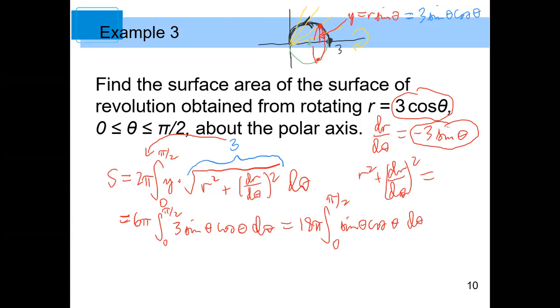What is the antiderivative? By the way, this was just 3 squared, just to complete the thought there. What is the antiderivative of sine theta cos theta?